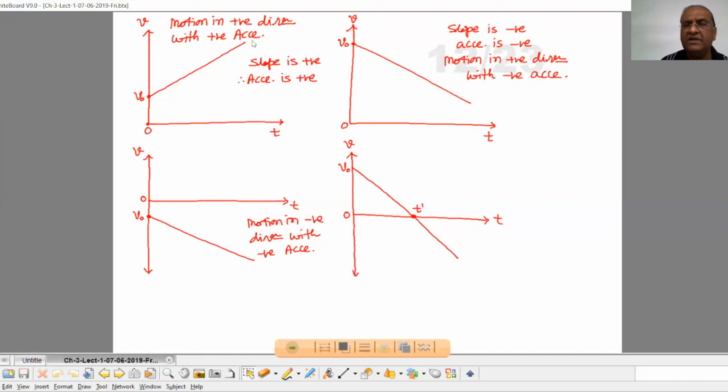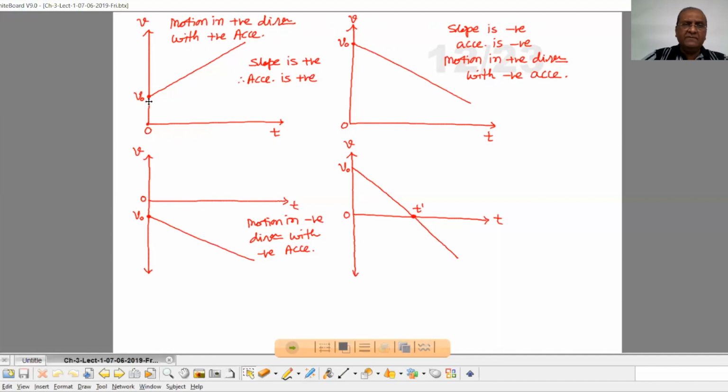So if we take the velocity-time graph and find the slope of it, that is delta V by delta T, that particular slope will give you acceleration. And here we have to consider the cases of constant acceleration, so we will think about velocity-time graphs which are straight line graphs.